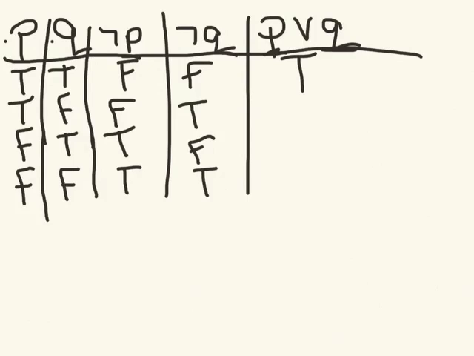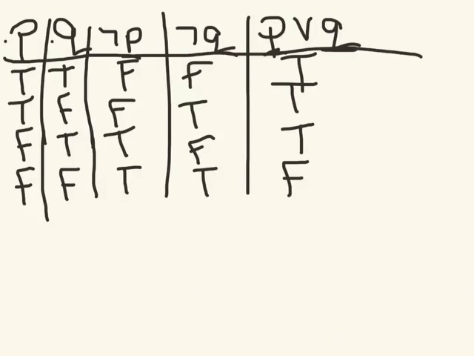Well, that's okay as long as one of them is true. The next one down we have the sky is not blue, but the grass is still green. So again, we have it true. On the very last one, because P is false and Q is false, the sky is not blue, the grass is not green. I don't know what colors they are, but my statement is wrong. I lied. It's not true.